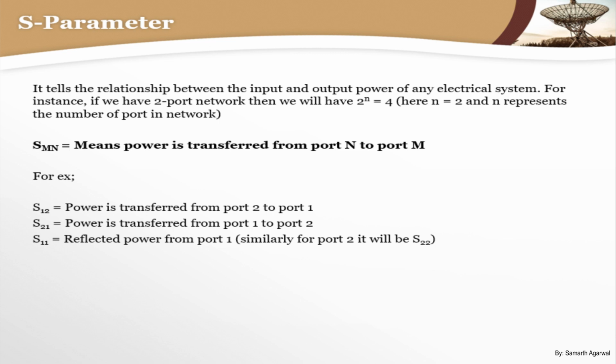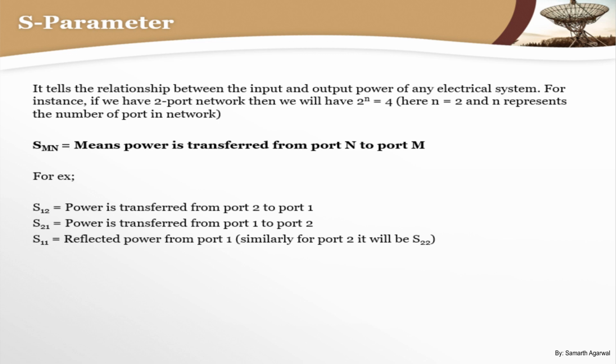Two port means two inputs and two outputs. Similarly, three port means three inputs and three outputs. According to that, the S parameter will be formed in the form of a matrix. So two port will have four parameters, three port will have nine parameters.